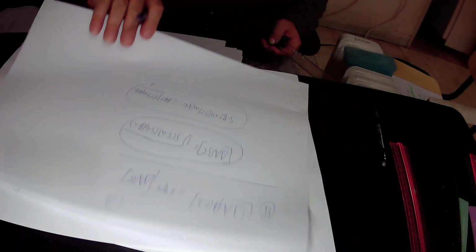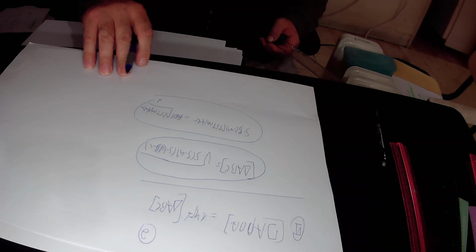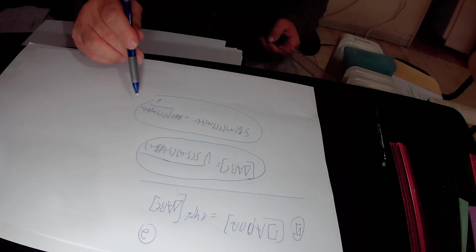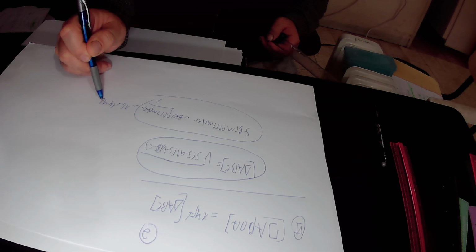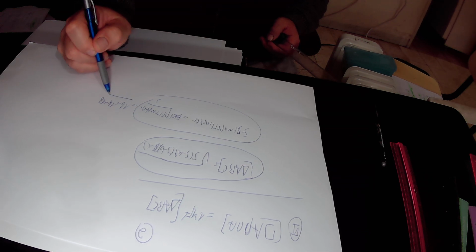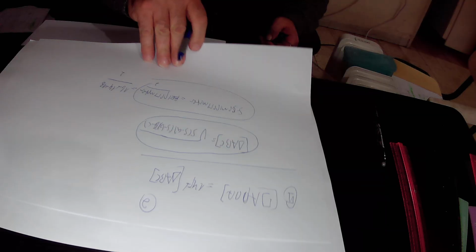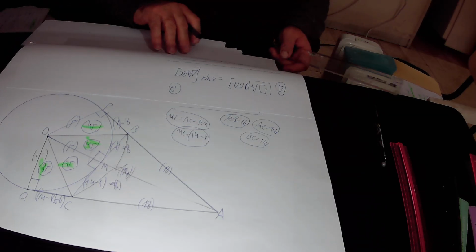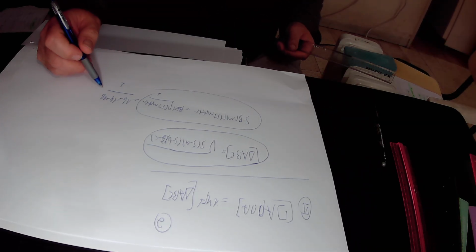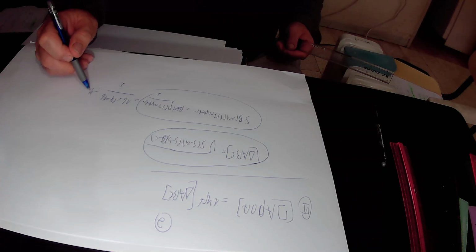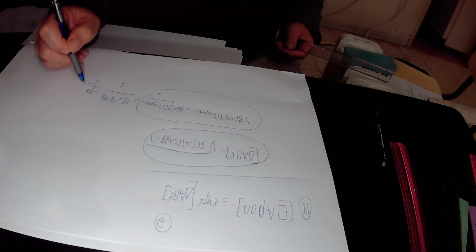And if we divide the perimeter by 2, we get the semi-perimeter of this triangle ABC. So the semi-perimeter equals 16 plus 14 is 30, and 30 plus 18 is 48, over 2. 48 over 2 is 24.